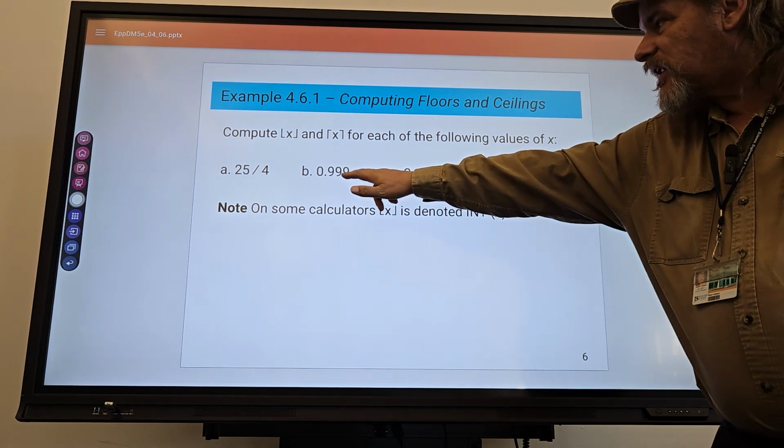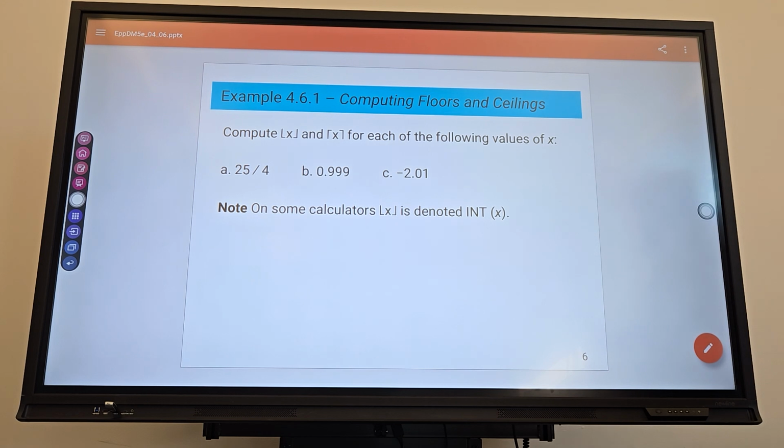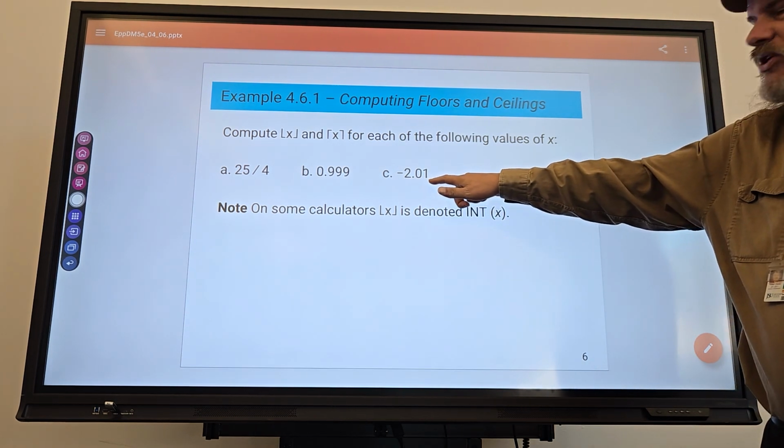So 0.999. What would that be? The floor value? 0, because it's the next integer down. And the next integer up would be the ceiling. That would be 1. Exactly. Now the floor of minus 2.01.